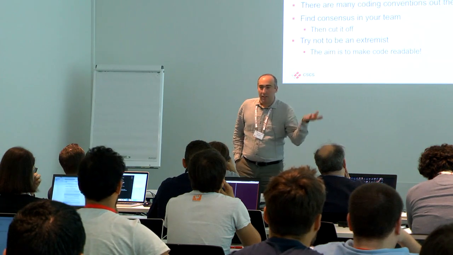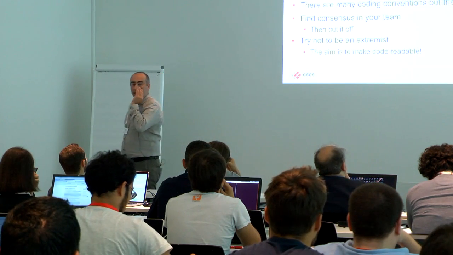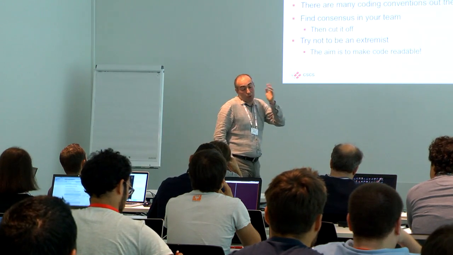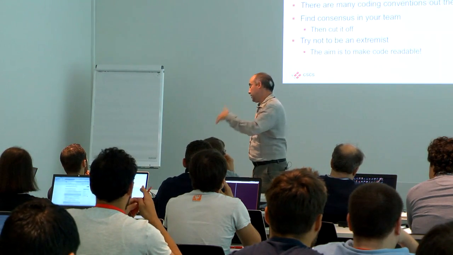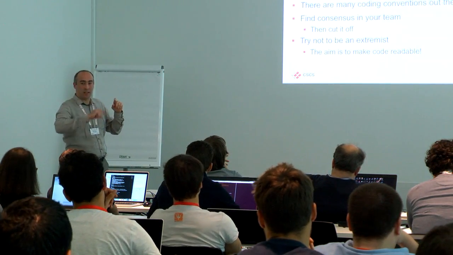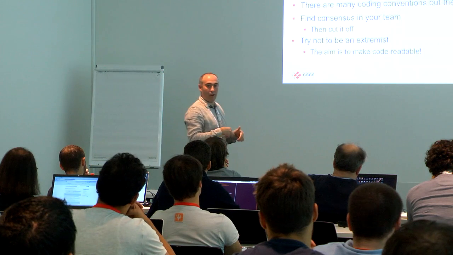Coding conventions was another bullet that I had there, and it's why do you need coding conventions? First of all, what is a coding convention? It's like, okay, when you write a function, put the curly braces at the end of the line, or put it at the beginning of the next line.